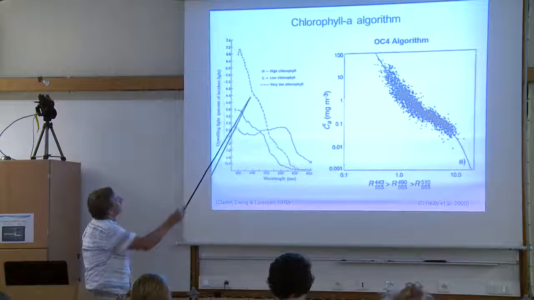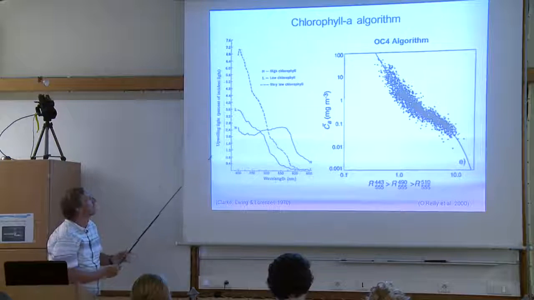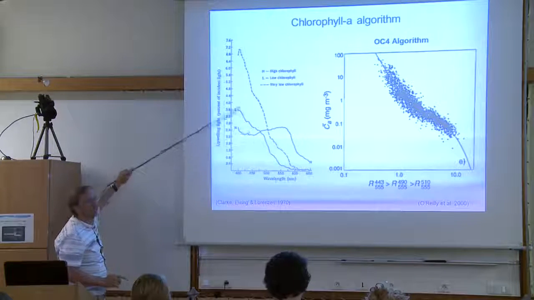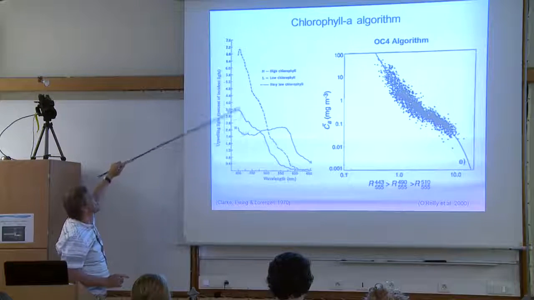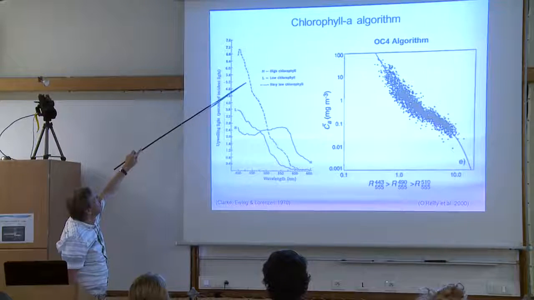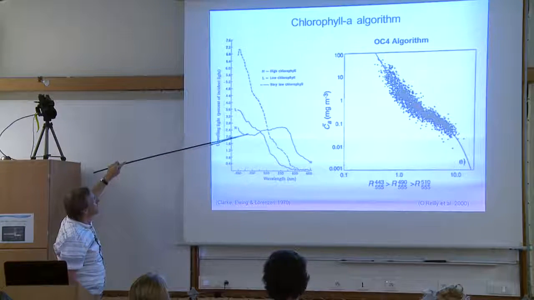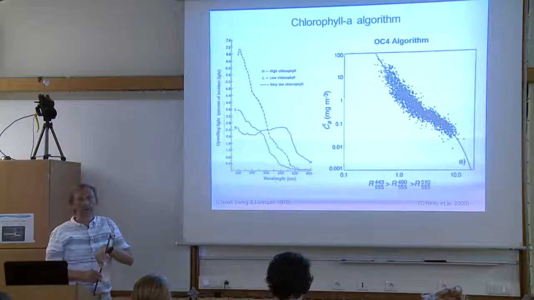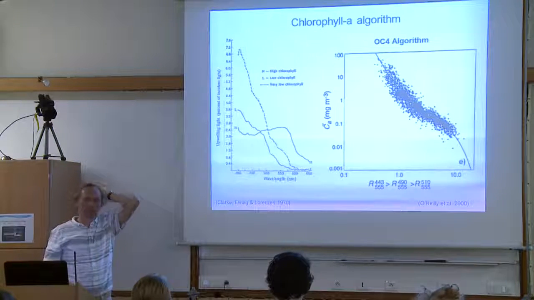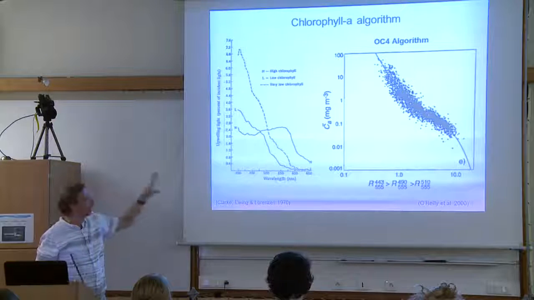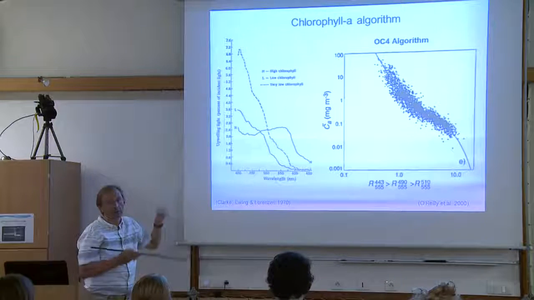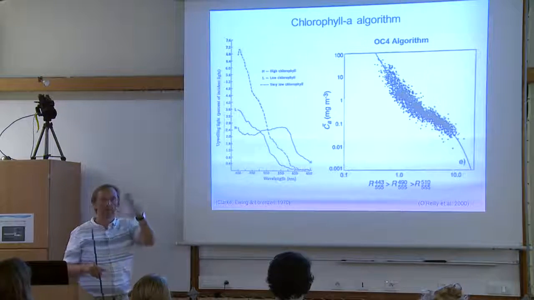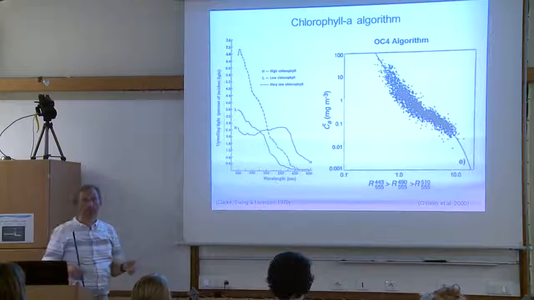When they flew over waters with different chlorophyll concentrations, they saw a distinct pattern in the behavior of the spectra. If you go from very low chlorophyll, you see a decrease in the blue, but not much change in the green. I think Zhongping mentioned that the original work at that time to develop the first algorithms or relationships like this was based on, what, 37 data points or something like that, I don't know.